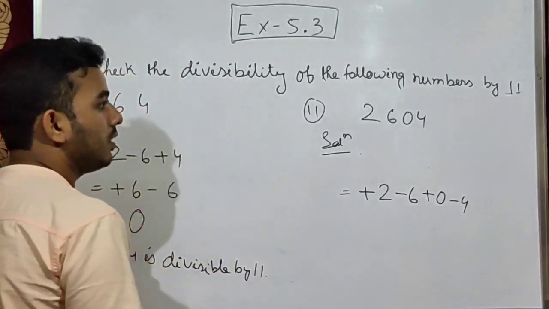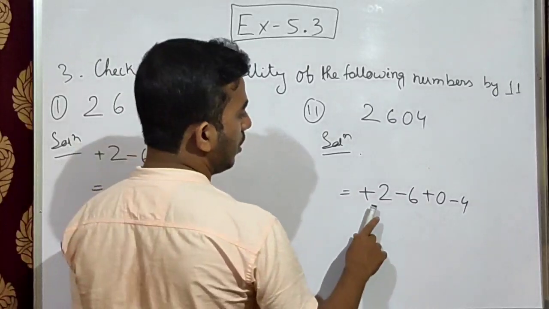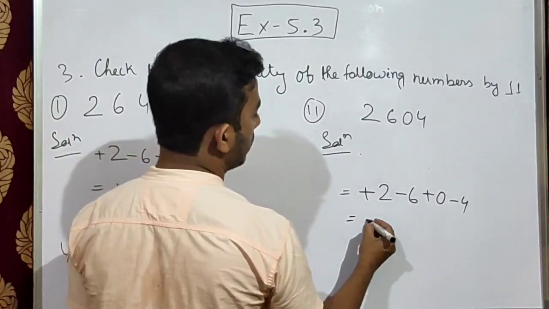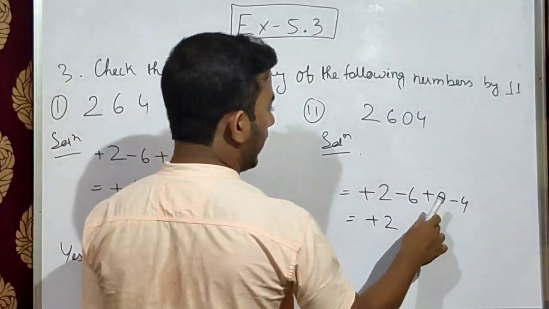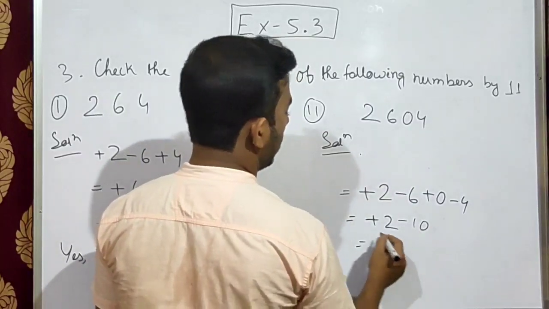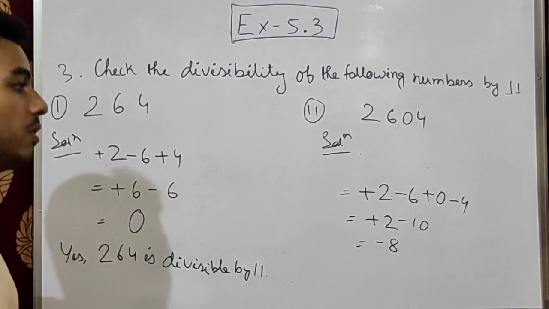So now let us find whether 2604 is divisible by 11 or not. So 2 plus 0 is how much? 2 plus 0, it is 2, plus 2. Then minus 6 minus 4 is what? Minus 10, equals minus 8. Now is minus 8 divisible by 11? No, minus 8 is not divisible by 11.